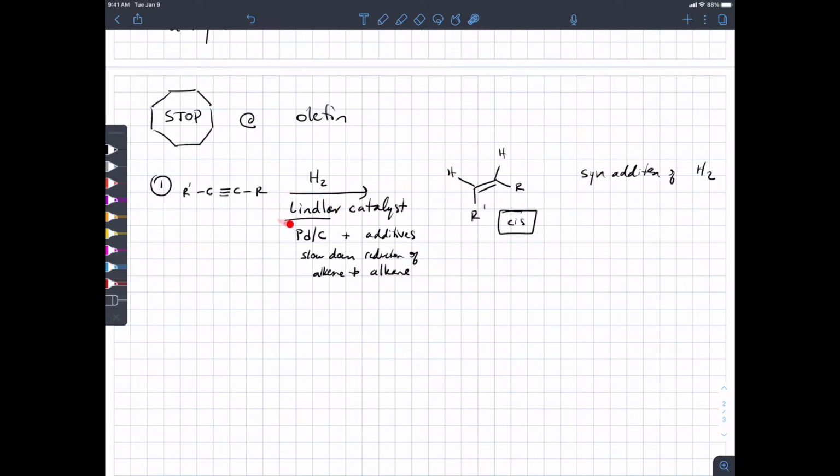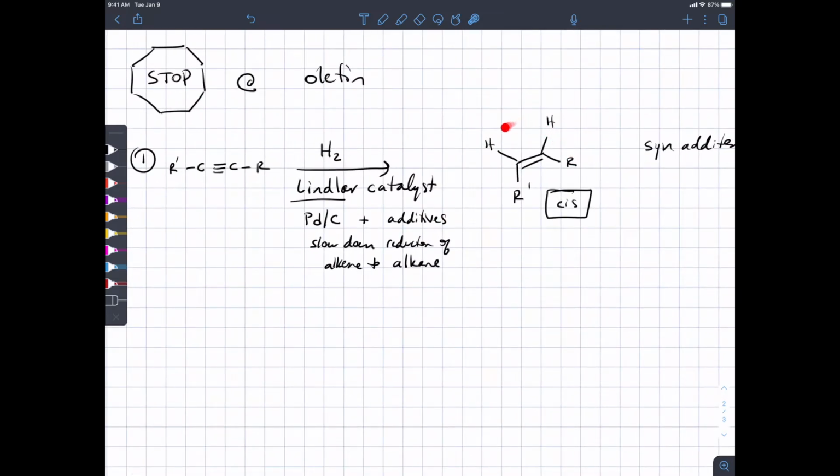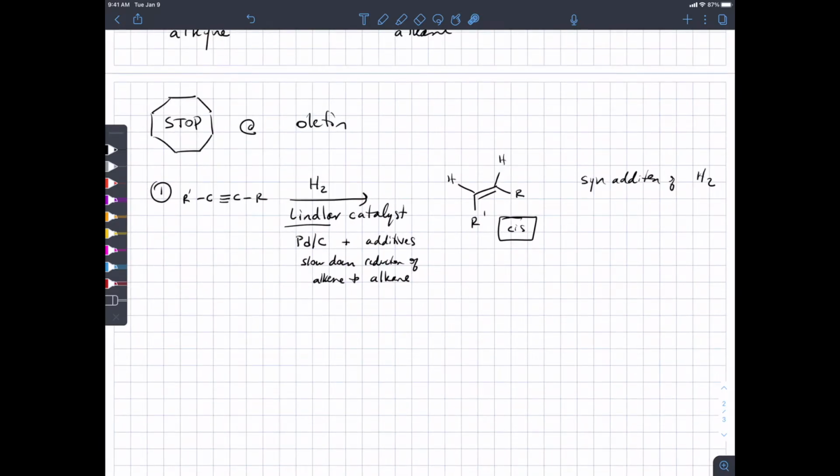You're going to have to memorize this fact because I'm not explaining to you why the Lindlar catalyst can stop at the olefin. I've said this is just a way of remembering it. It's still a palladium catalyst, but you've added some stuff that prevents the further reduction of the olefin to the alkane. So that part, it stops at the olefin, you're going to have to memorize.